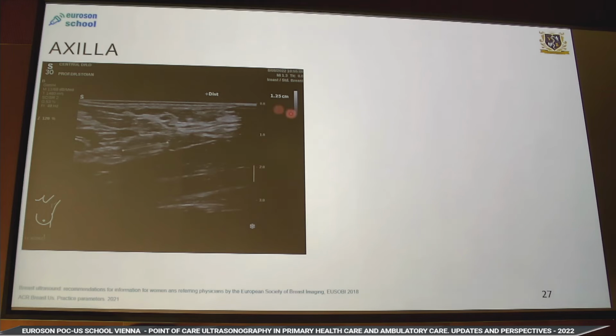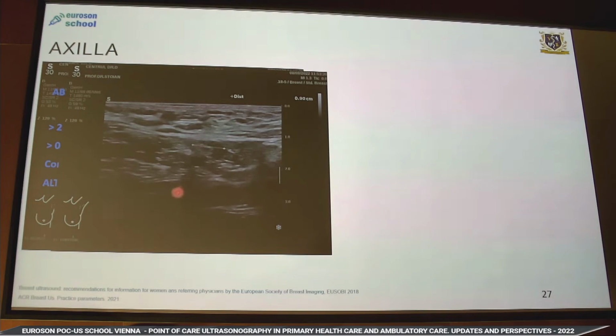This is a good looking one, 1.2 centimeters, the hilum is central, the cortex is small. Whenever you have more than 2 centimeters, even fatty lymph nodes bigger than 2 centimeters, or cortex higher than 3 millimeters, according to the ACR, it should be considered abnormal.